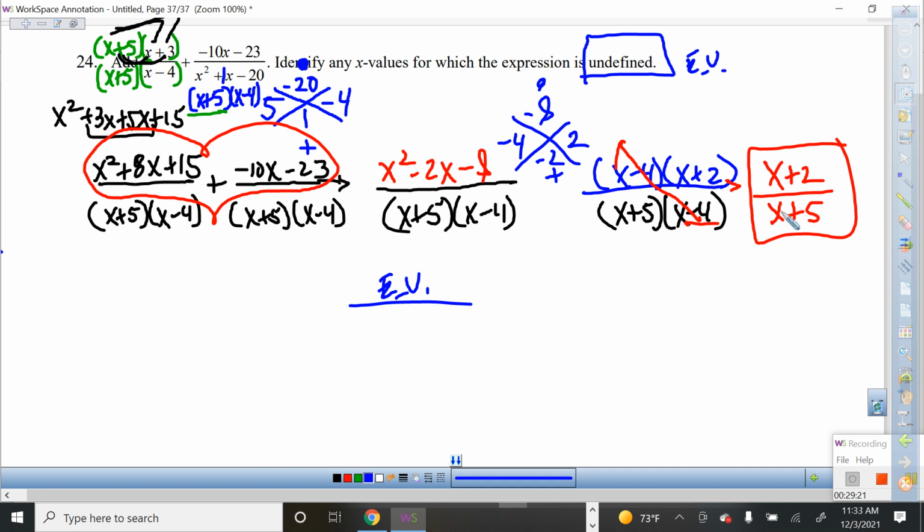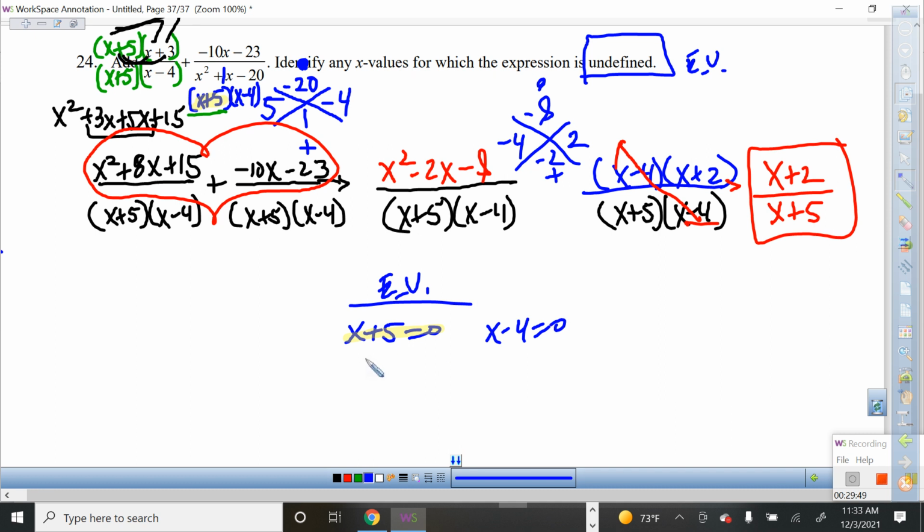Look, what is the denominator that's left? X plus 5 equal to 0. But I asked you to check with the original denominators. Do we have that in the original? Let's see. Yeah, it's right here. This is here. But what is missing? X minus 4. So you need to make sure you write it in there and set it equal to 0 as well, the original denominator.